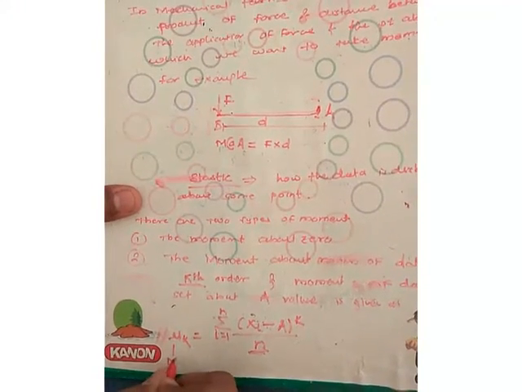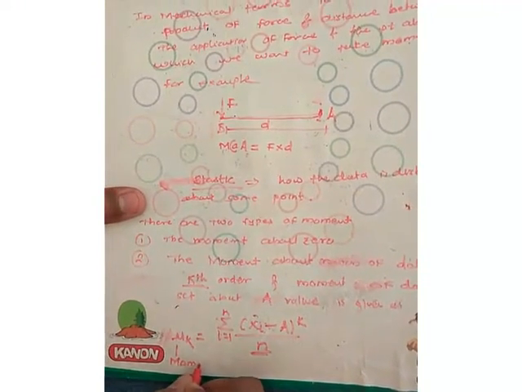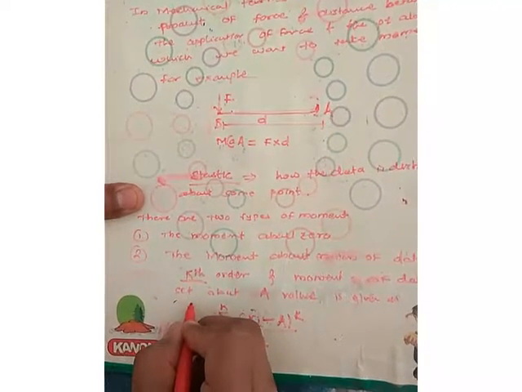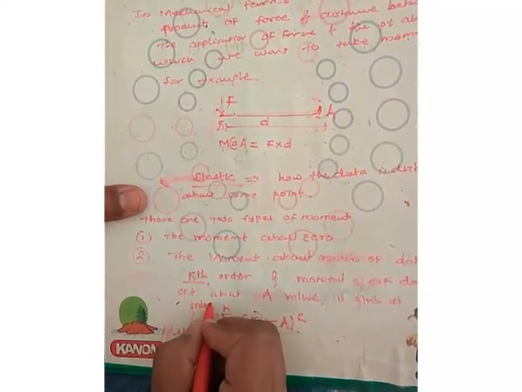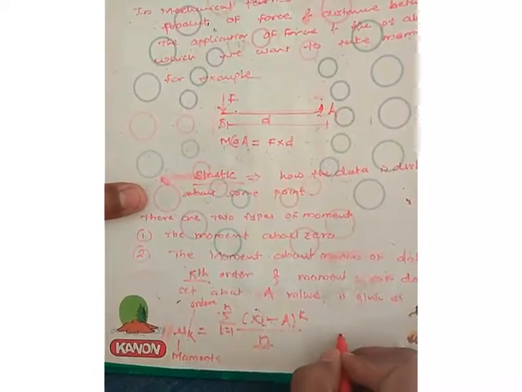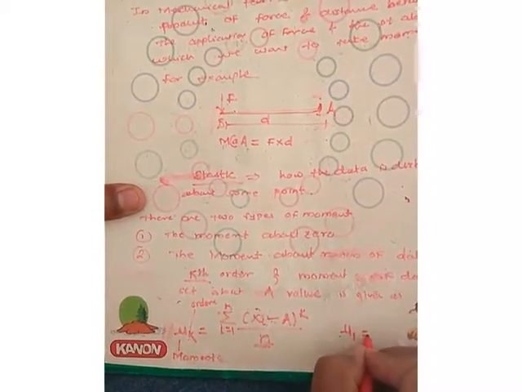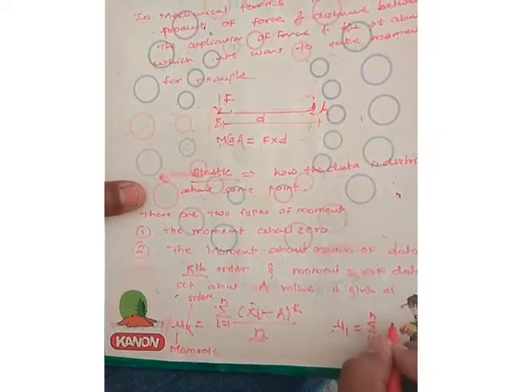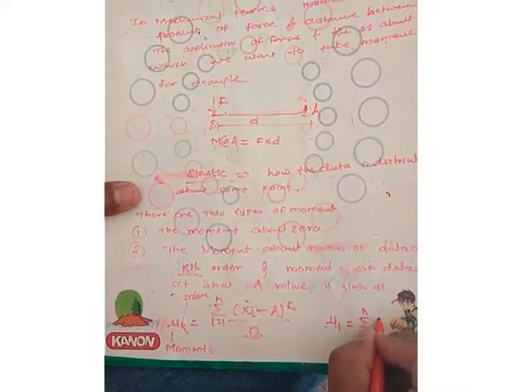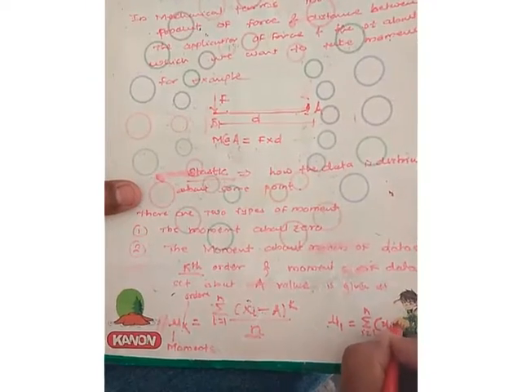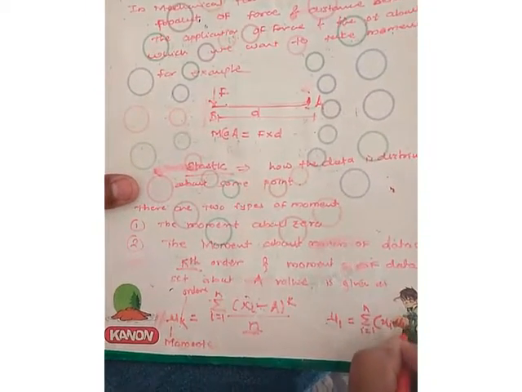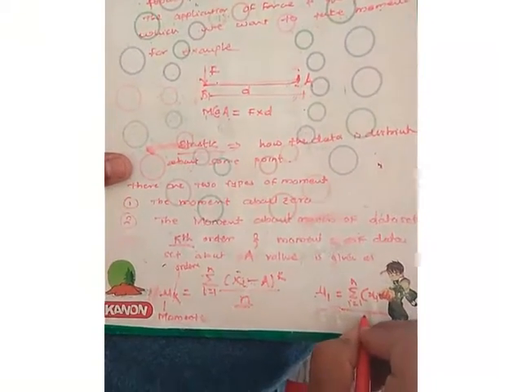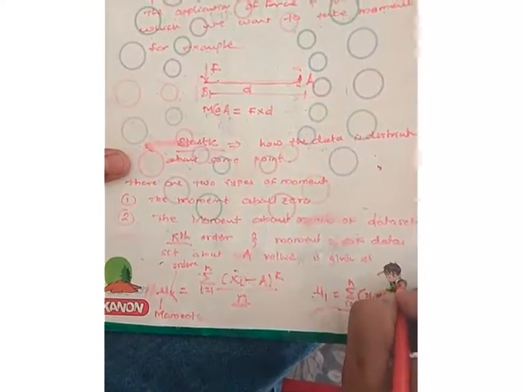This is a moment, and k is given as the order of the moment. For the first order, mu 1 is the summation from i equal to 1 to n, and k becomes 1.